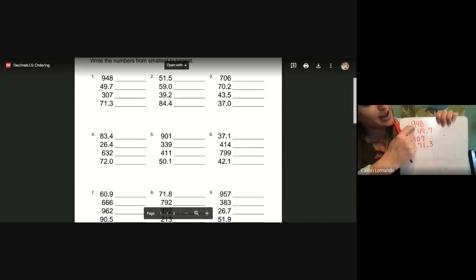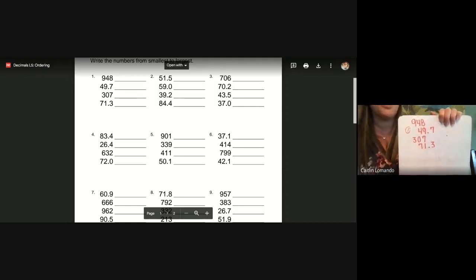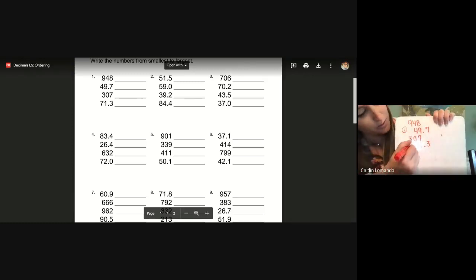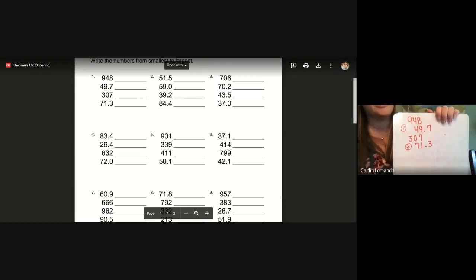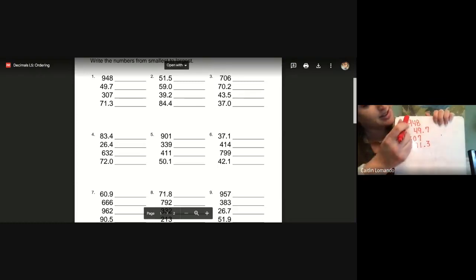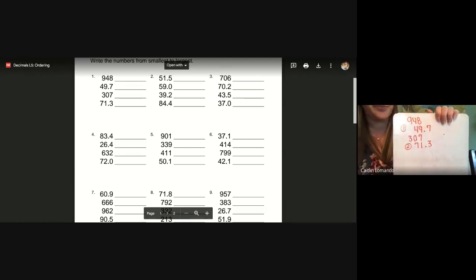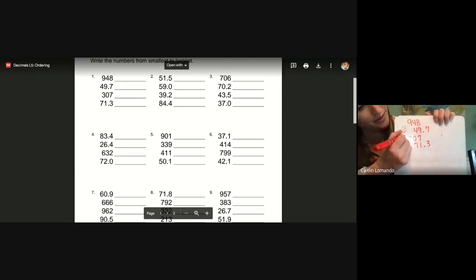After 49, 948, 307, or 71? 71 definitely comes next. Which one comes next? 948 or 307? 307 definitely comes next, making 948 my largest number.